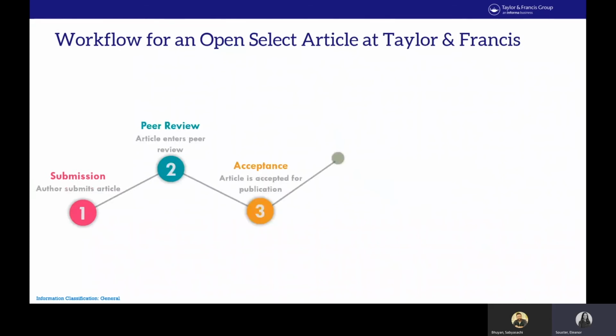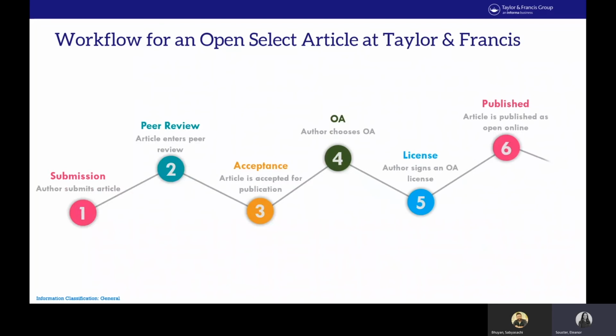So if I get started then, here is a broad overview of the workflow for an open select article at Taylor & Francis. What you can see here is the article is submitted and goes through peer review as normal, just as it would for a subscription article. And the third point there is the acceptance.